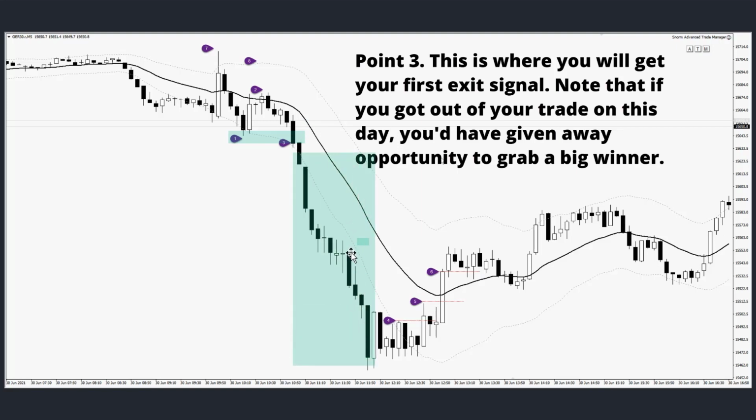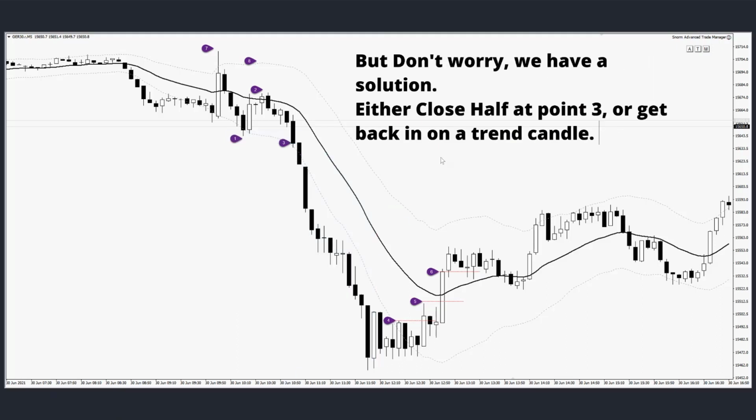It's a breakout phase, and there is a remedy for that, because we don't want to miss out on opportunities like this. There are 2 ways to take advantage of this. There is no need to worry because we have a solution.